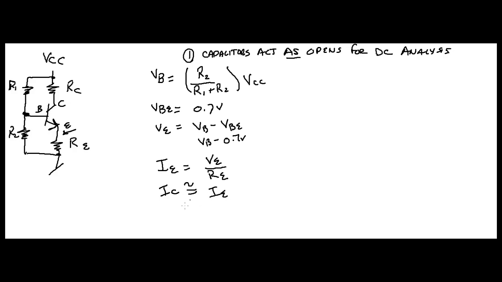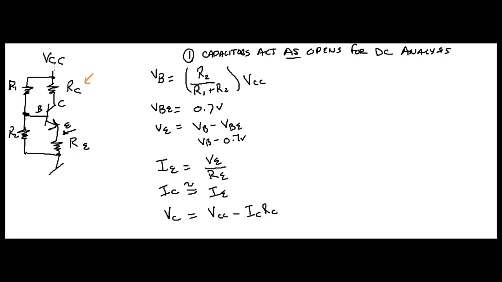And if you know your collector current, VC is going to equal VCC minus IC RC. And if you look at it, you can see that, no pun intended, you're going to have a voltage drop right there.